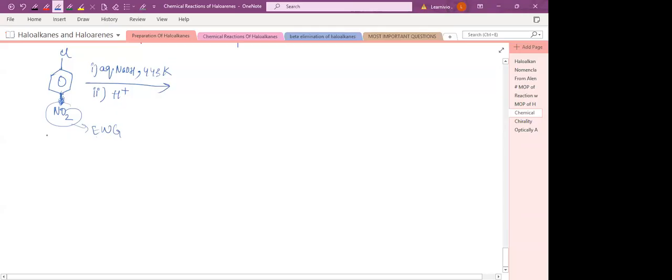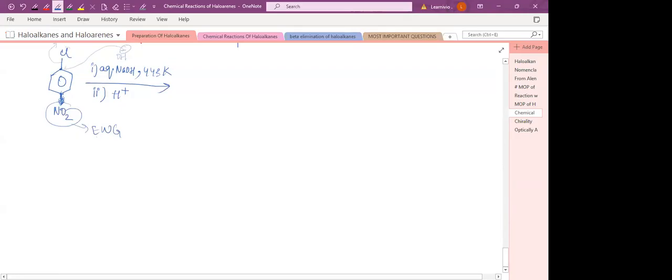So the nitro group will pull the electron density towards itself. Due to that, the chlorine will be removed easily. Here the electron density will be reduced, and due to that the chlorine will be removed easily, and this nucleophile, which is OH minus, will attack on this ring, right?